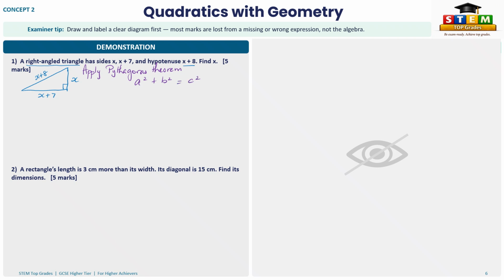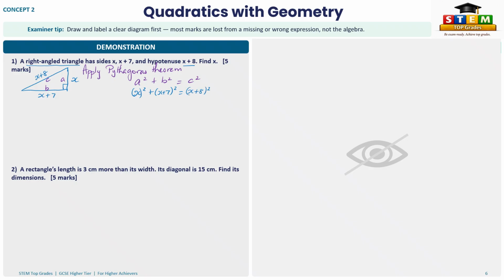And if you do your substitution, let's call that A. The shorter ones are A and B, and the longest side is C. Okay, so let's do our substitution then. So that's going to be x to the power of 2 plus x plus 7 to the power of 2, and C is x plus 8 to the power of 2.